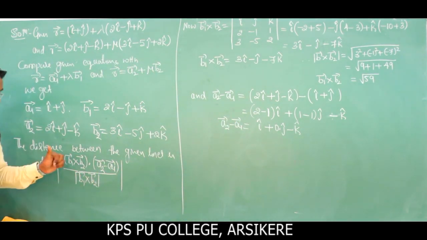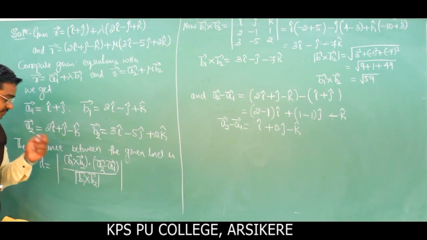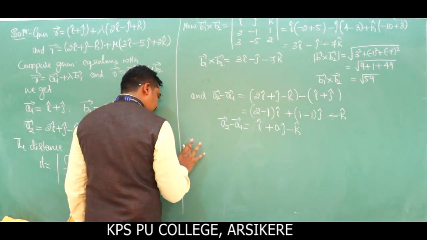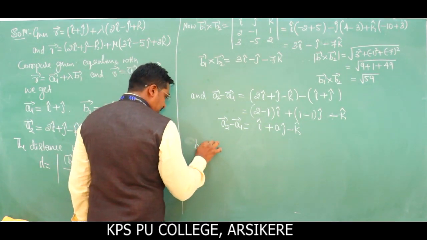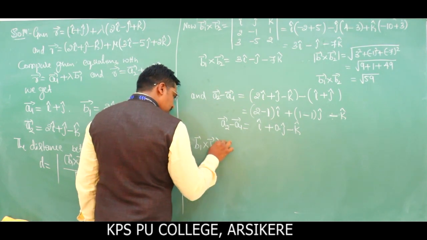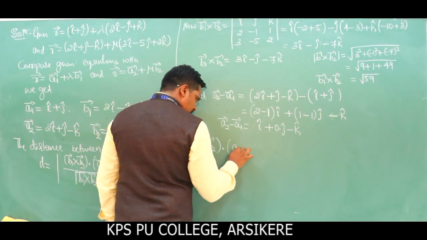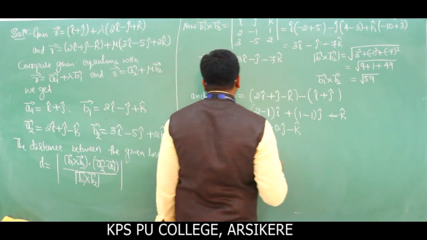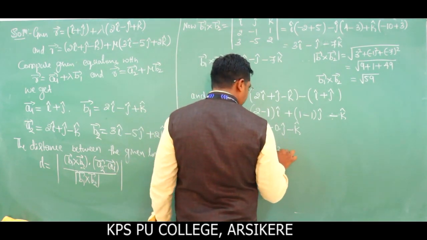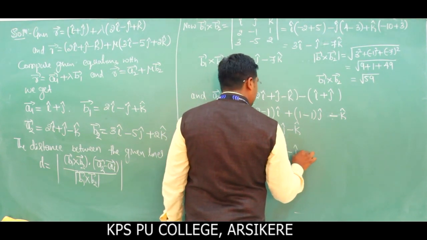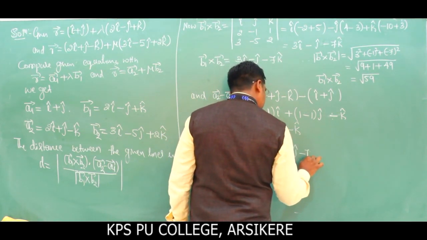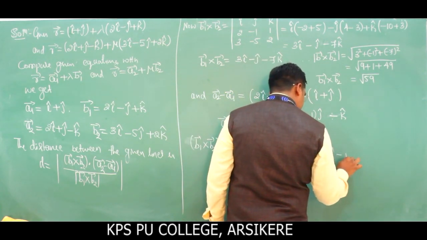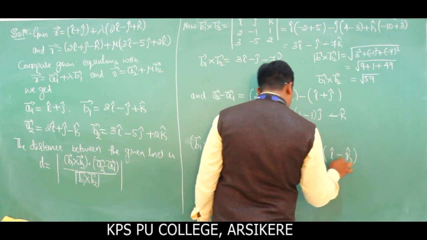In the numerator we have b1 cross b2 dot a2 minus a1. So b1 cross b2 dot a2 minus a1 is equal to 3i minus j minus 7k cap dot i cap minus k cap.